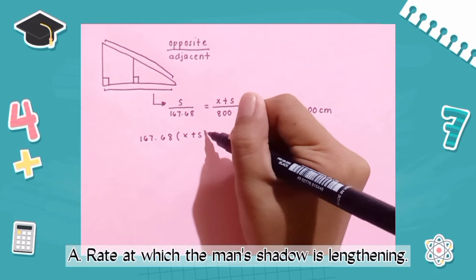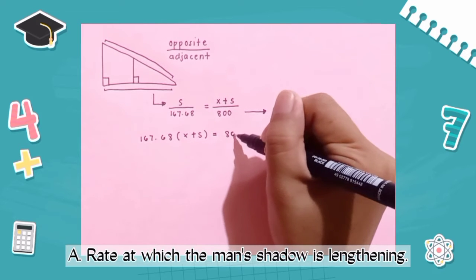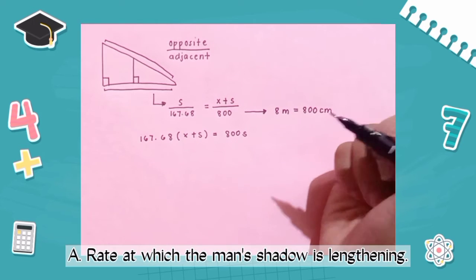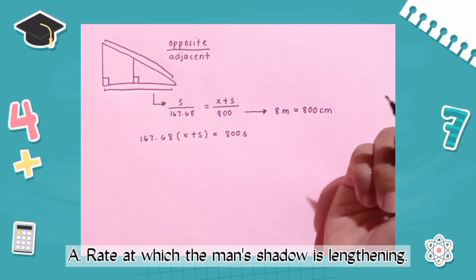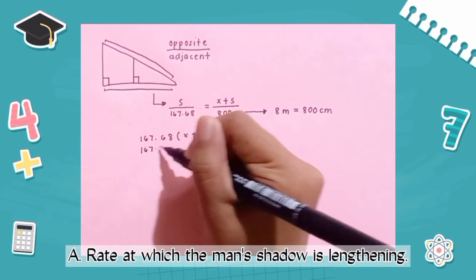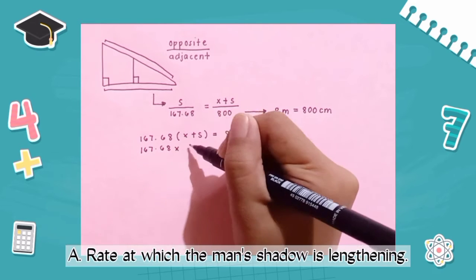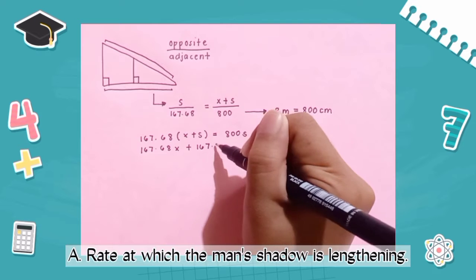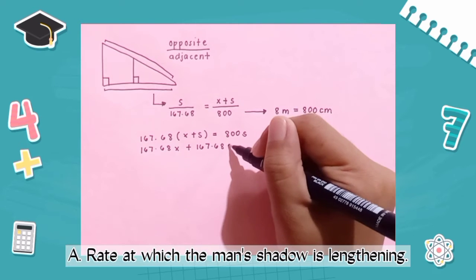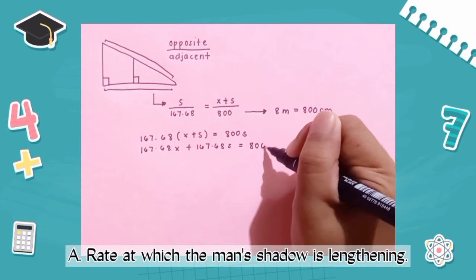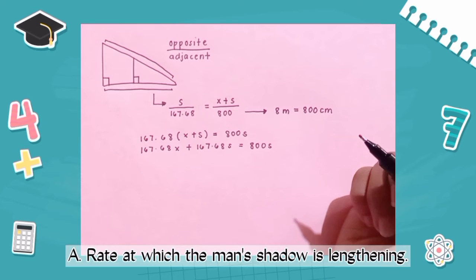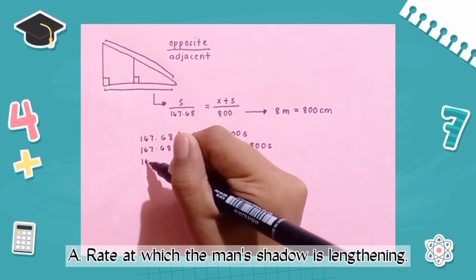Now, we will just perform the operation. We cross multiply this and this. Now, we have 800S equals 167.68x plus 167.68S.